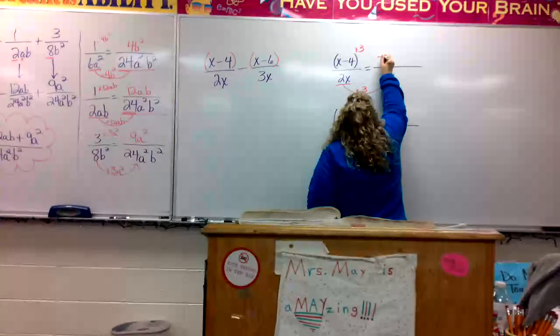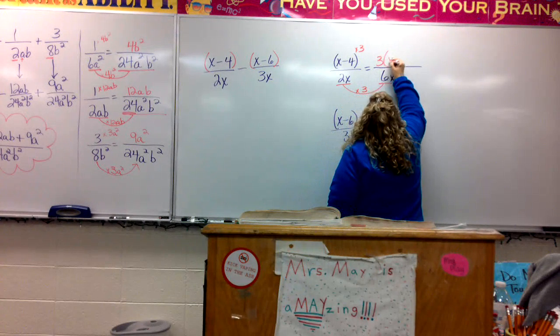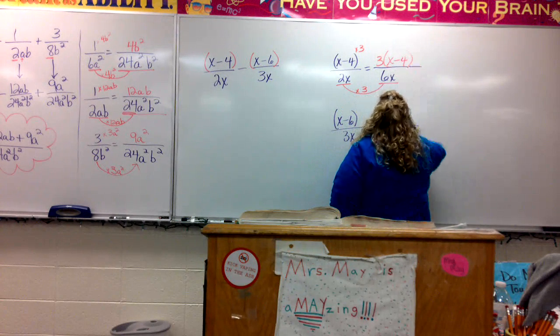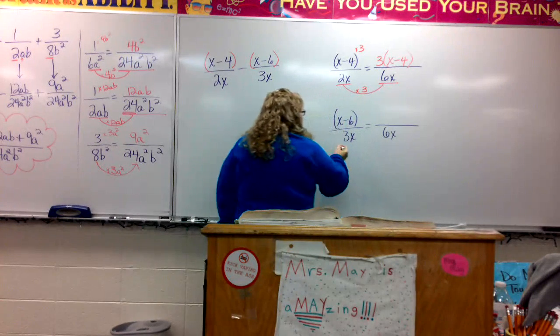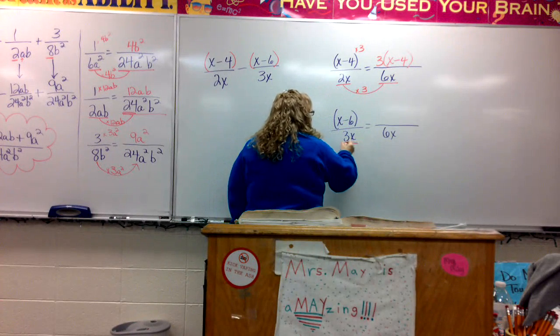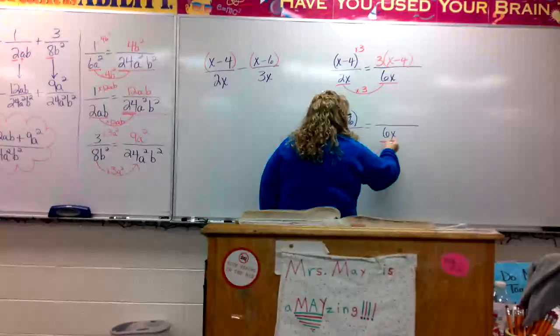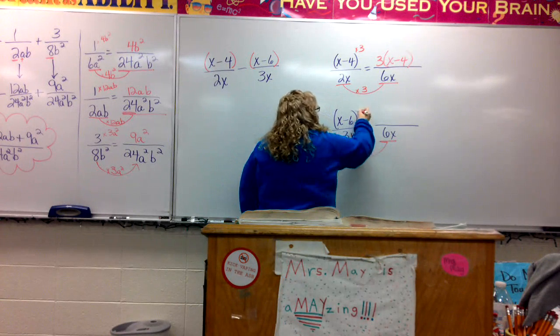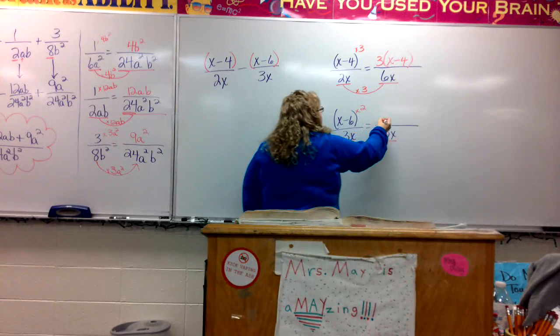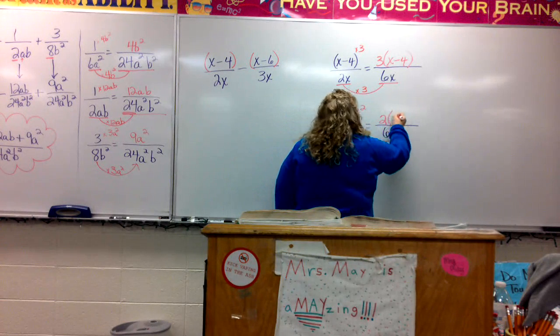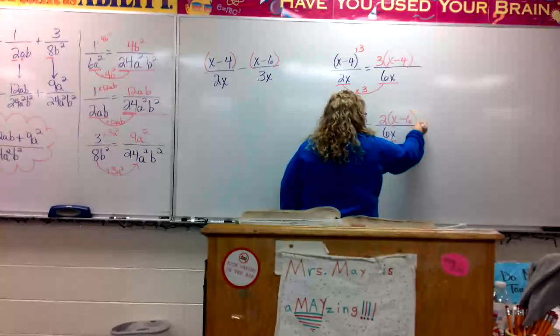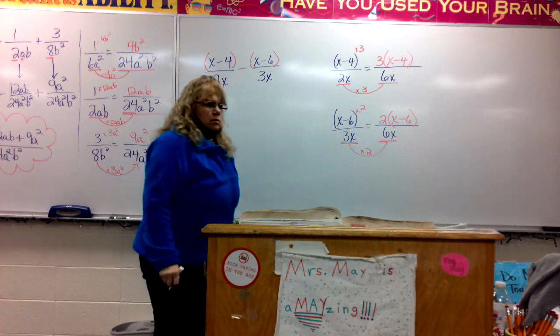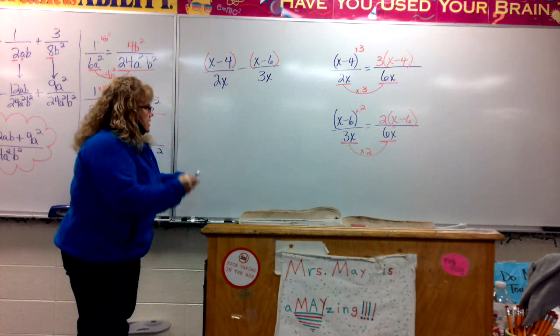But if you would do me a favor, I want you to just leave it like that. And same thing down here. What do you multiply 3x by to get 6x? 2. On top, if you would, I would like you to just leave it as 2 times x minus 6. I'll show you why in a minute.